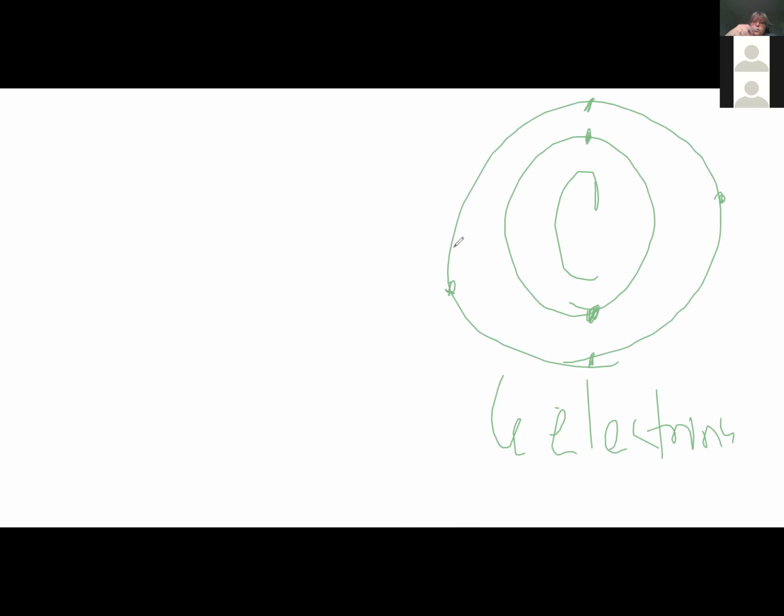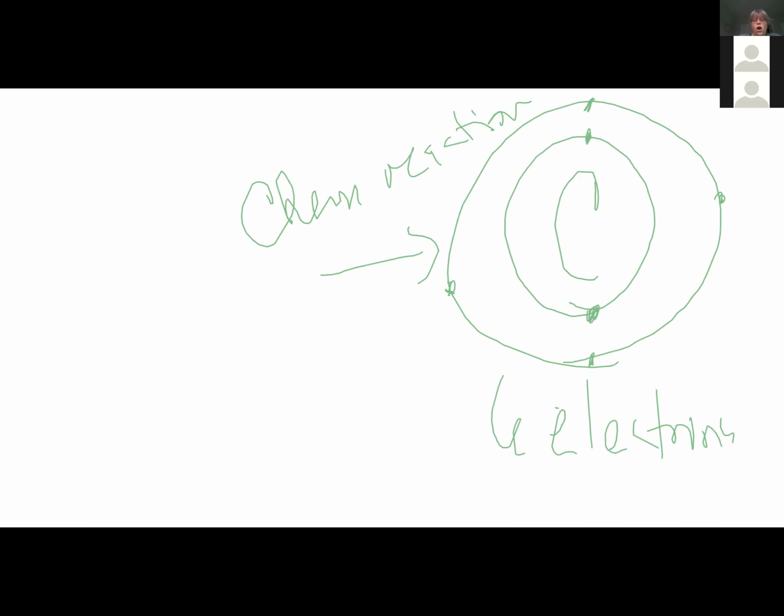Now, I just told you earlier that all the electrons on the outside are going to be the ones that are involved in chemical reactions. So in this case, carbon has 4 electrons that are involved in chemical reactions.